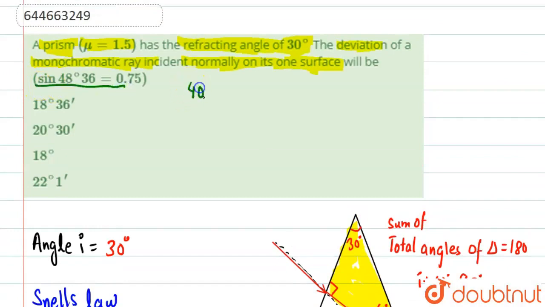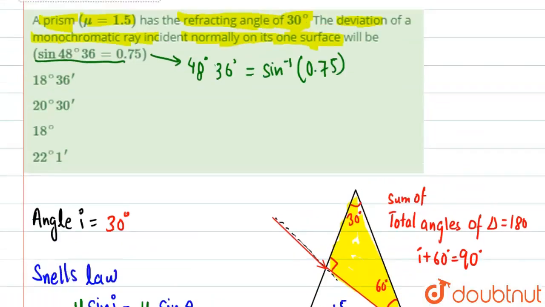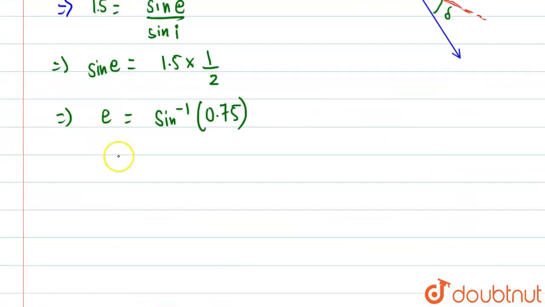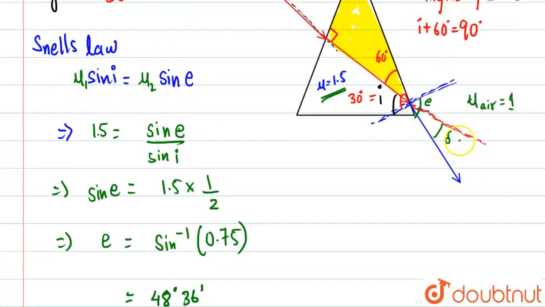So 48 degrees 36 minutes is the emergent angle.